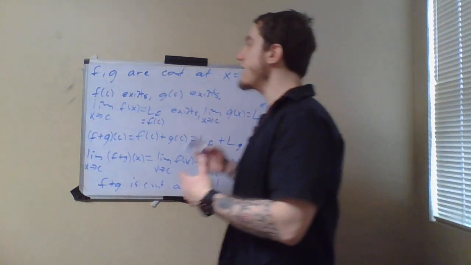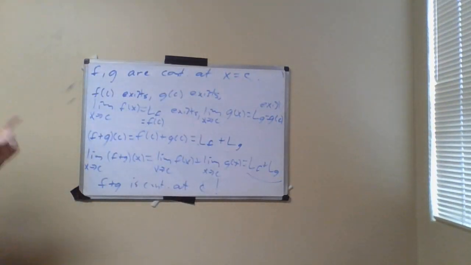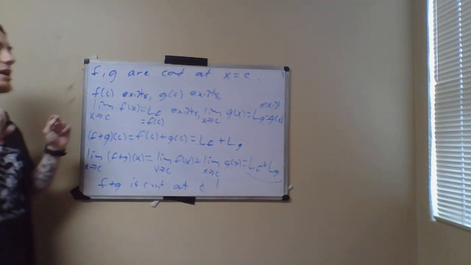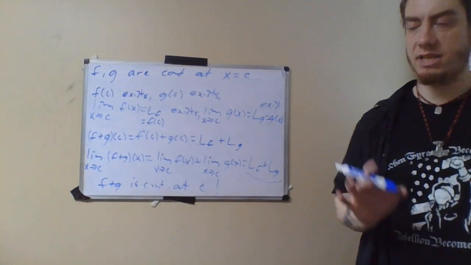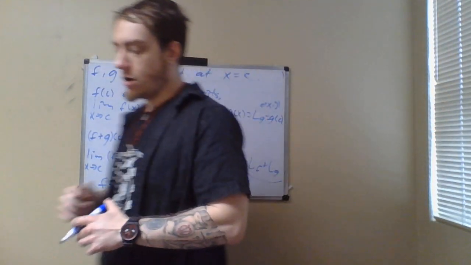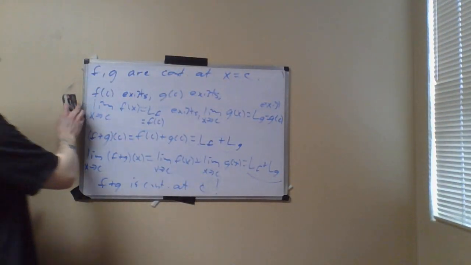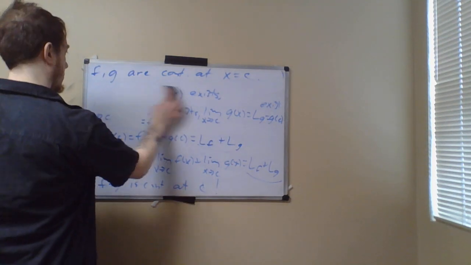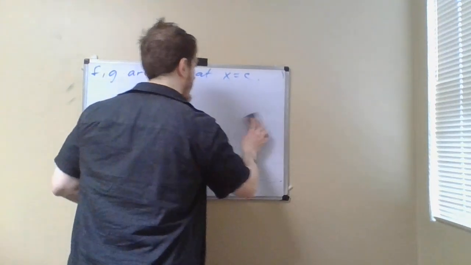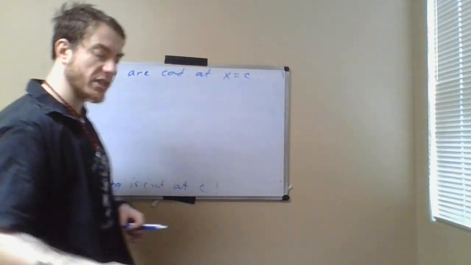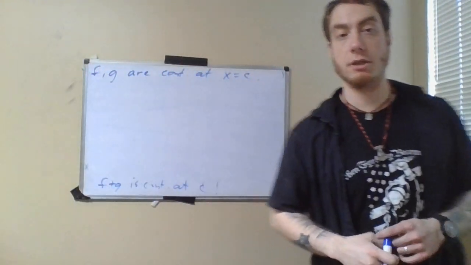So you got to be careful. If you have f and g continuous, their sum is continuous. But a sum being continuous doesn't tell us anything about f and g. So just keep that in mind. Now, by a similar kind of argument, we can prove several other limit or continuity laws. Each one of them is going to follow from the rules for limits.